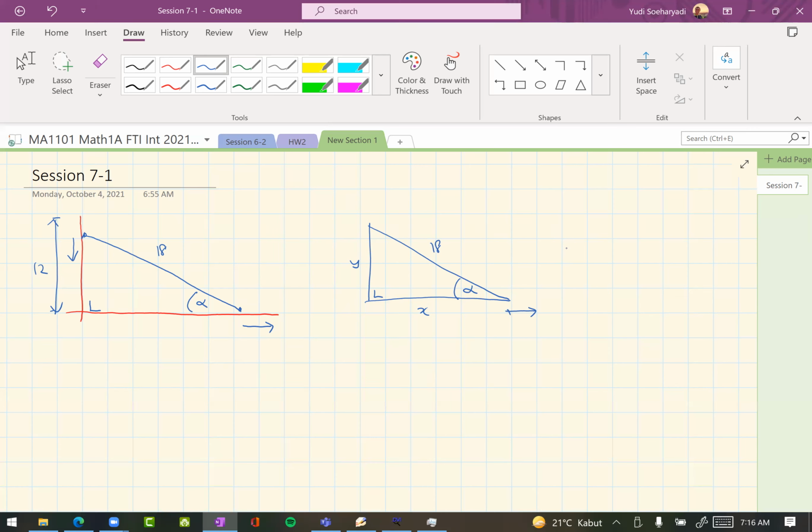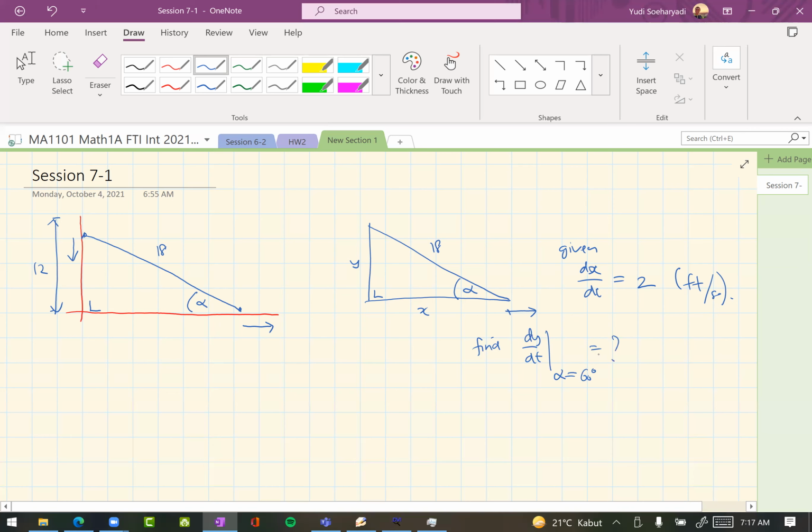Given dx/dt equals 2 feet per second. And the question is to find dy/dt when alpha equals 60 degrees.